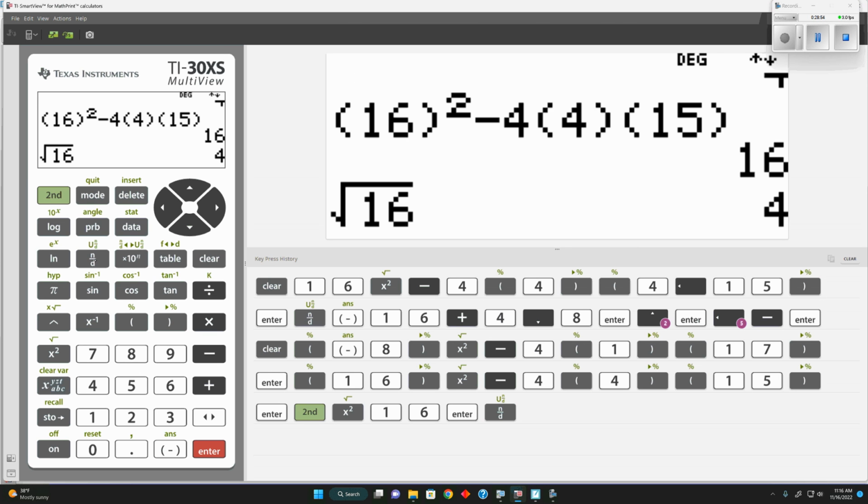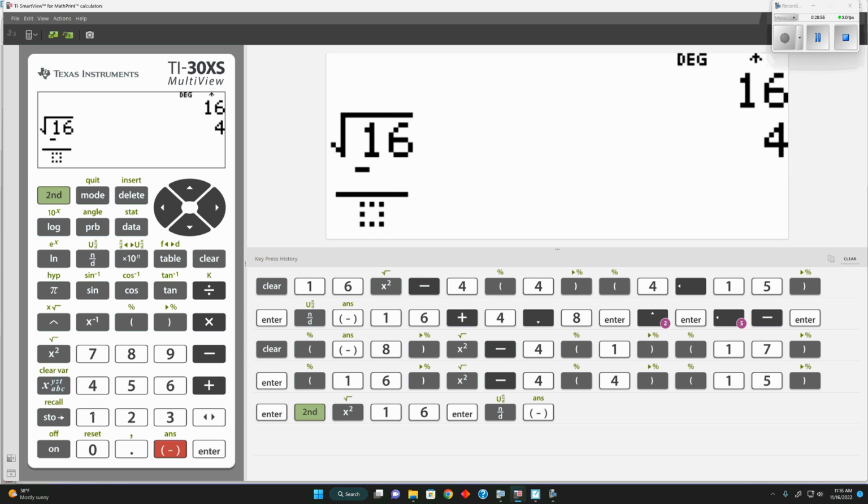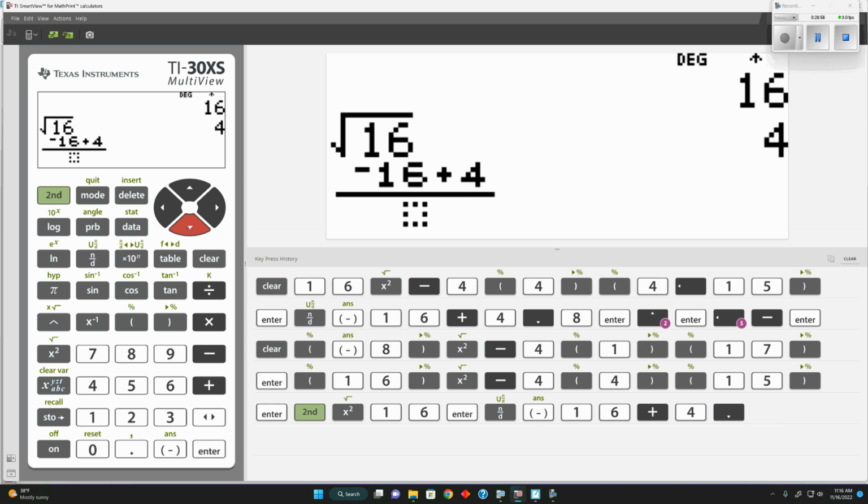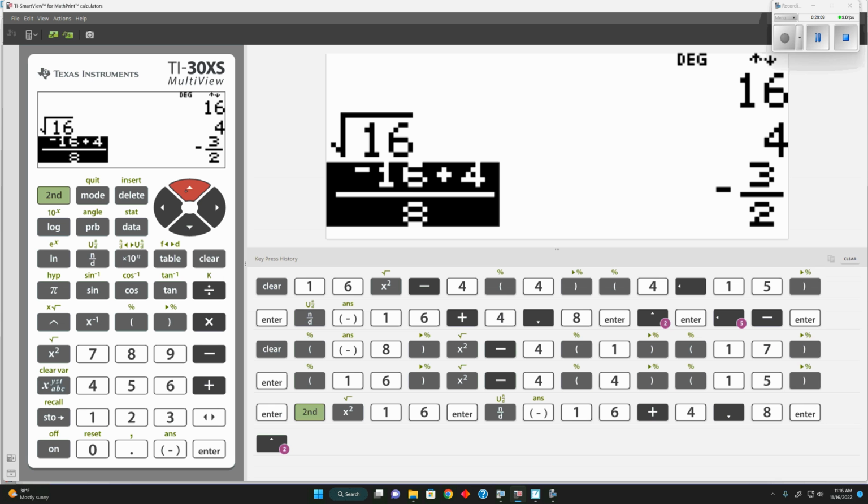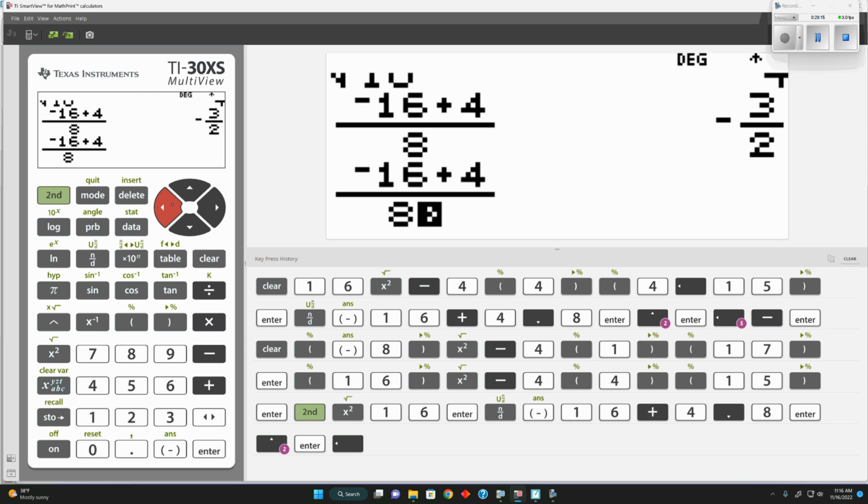So in the calculator, we can hit fraction, negative 16 plus 4 over 8. Yes? Which is telling us it's negative 3/2. And instead of typing it all back in, you can go back and reselect it, highlight it, and hit enter. And it brings it back down. And the only real difference between these two is that the 4 is now negative.